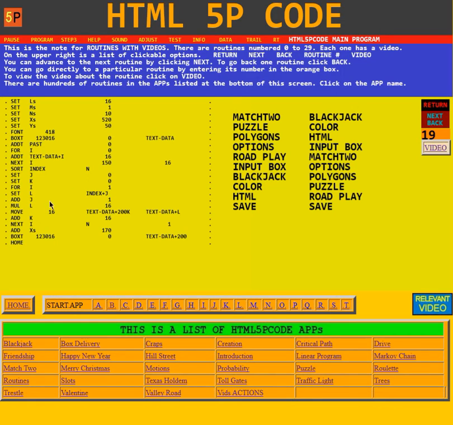Remember, these are numbers. So the number of the offset, or the index, goes into L. But we want to know what's the offset. We have to multiply the L times 16. Because, yes, this one's at 0, but puzzle's at 16. Polygons, it's at 32. So we have to multiply it by the 16 to get the offset.